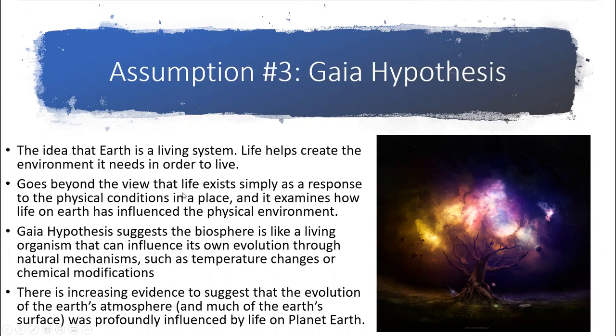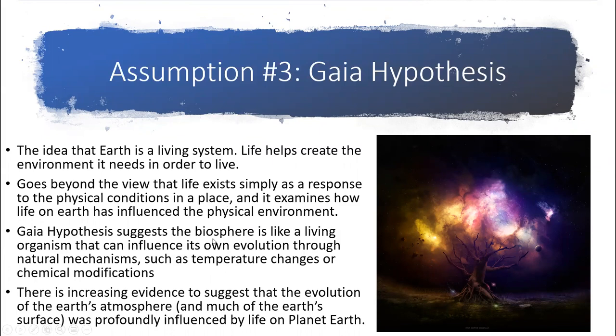So it goes beyond the view that life exists simply as a response to physical conditions in a place, and it examines how life on Earth has influenced the physical environment. There's a reason why we are shaped as we are. The opposable thumb that humans have has a reason, and that reason is most likely due to the environment. So the environment has changed us as we change the environment.